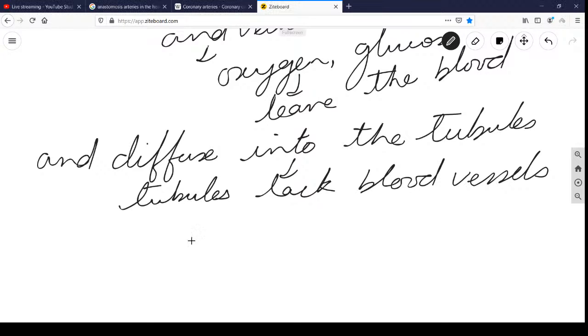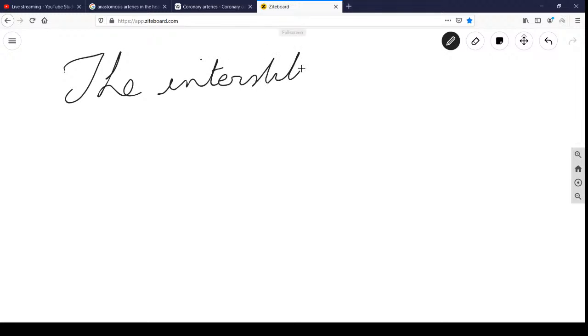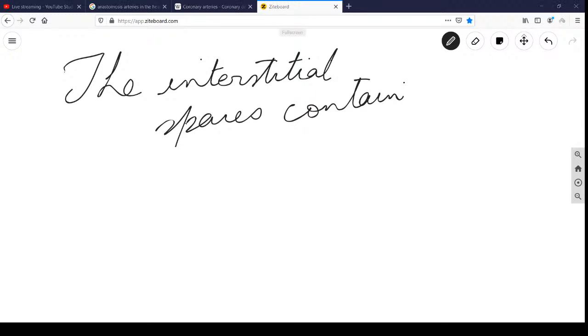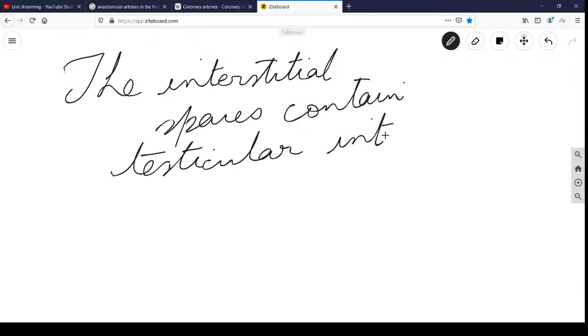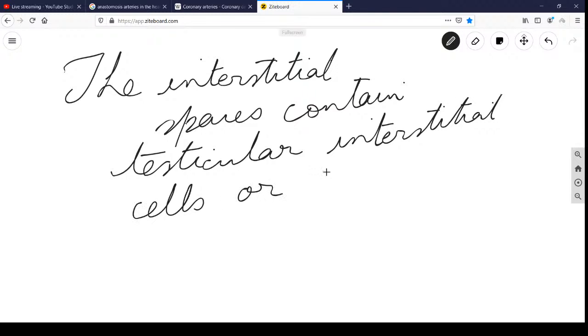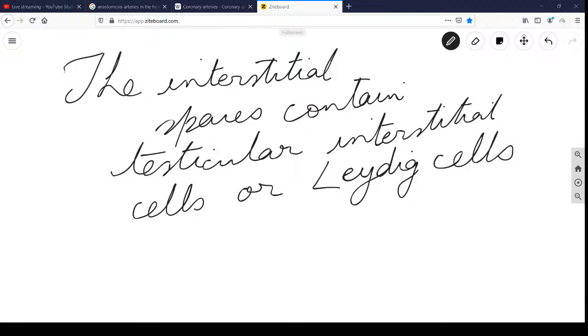The interstitial spaces contain the testicular interstitial cells, commonly referred to as Leydig cells.